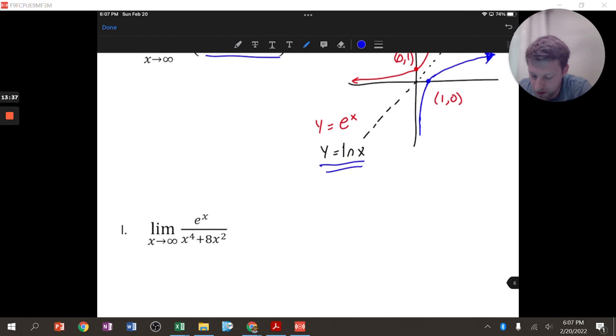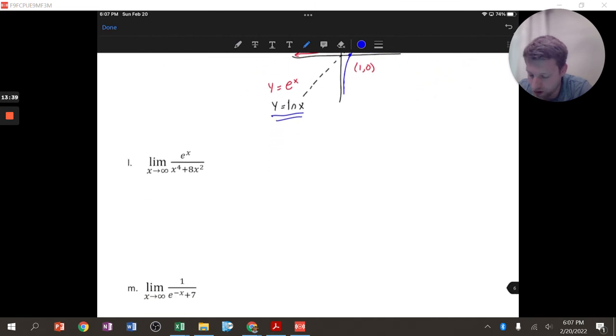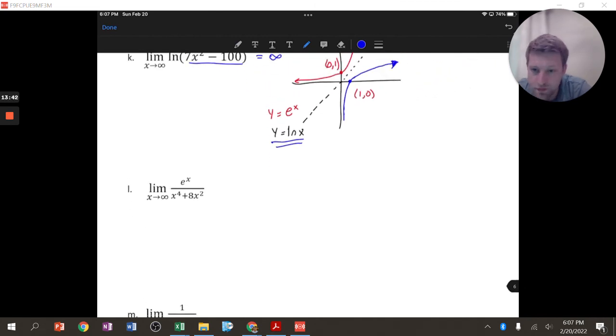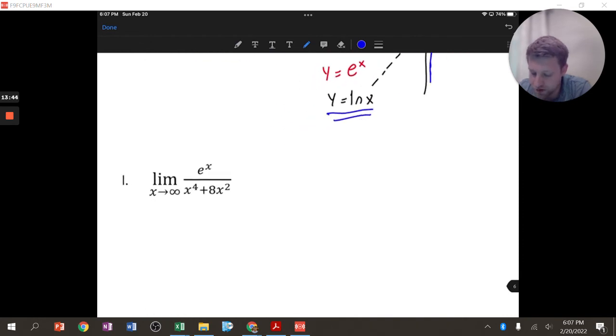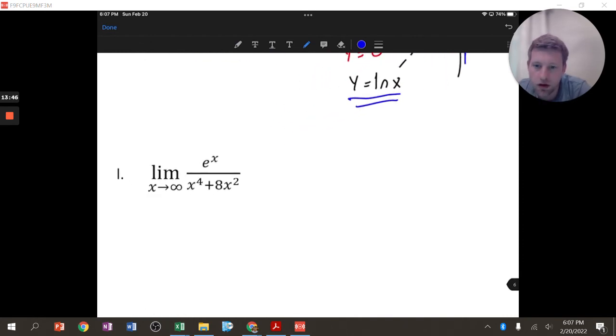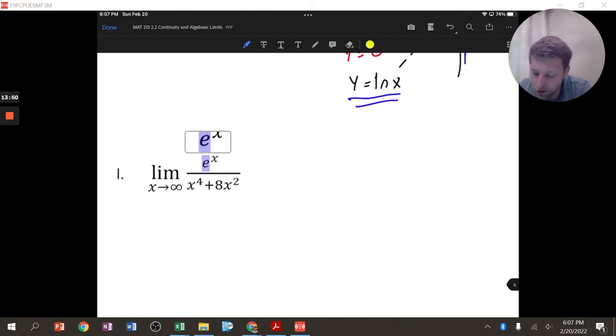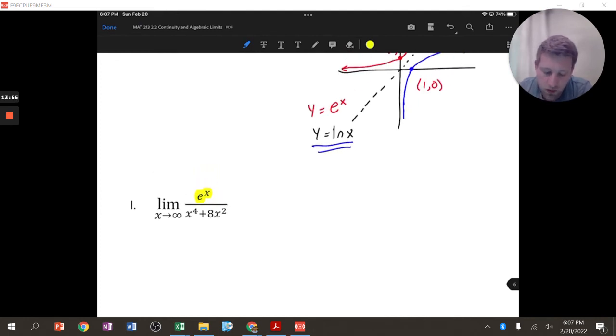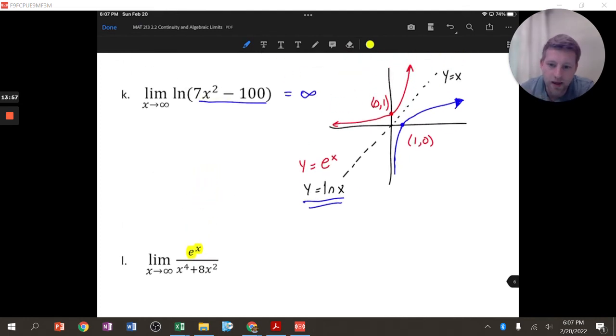If I consider an expression here that has an exponential function as x goes to infinity, we'll have some similar arguments here. So first, let's just compare the numerator and denominator functions. We have e to the x. We know the shape of this function. As x gets really, really large, this is going to increase without bound very quickly.